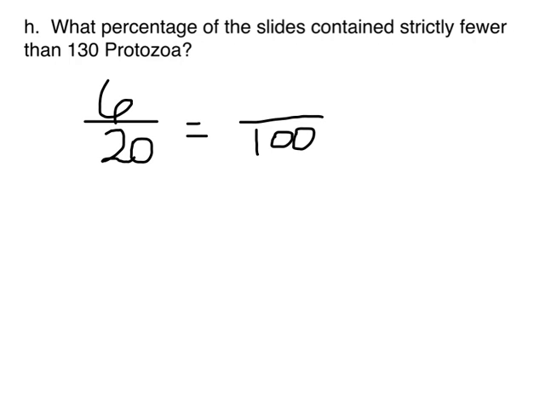Because 100 is what we use for percentage. That would be 30 out of 100. So 30% of the slides contained strictly fewer than 130 protozoa.